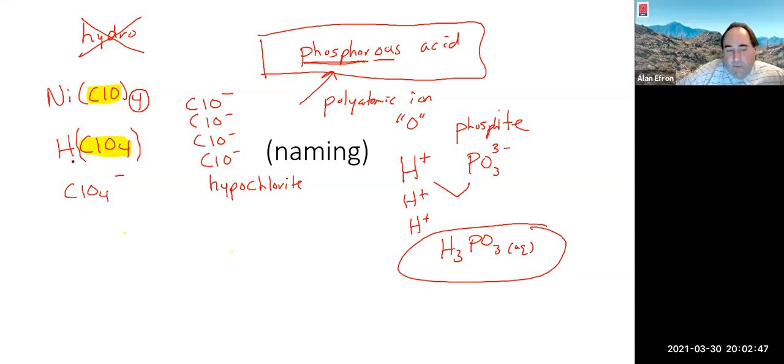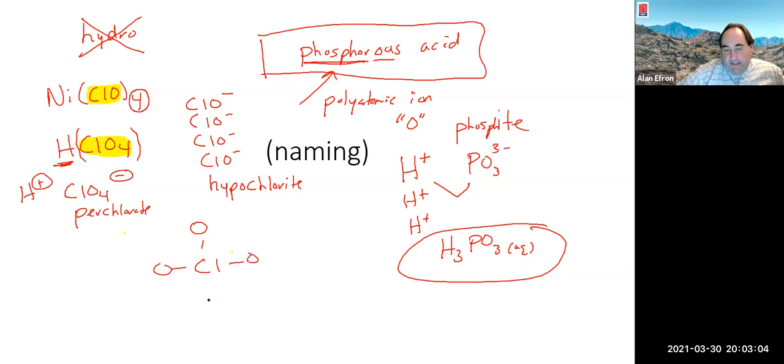And that's why there's only 1 hydrogen here, because it's basically +1 and -1. And the name of this guy is perchlorate. So there is actually a difference between those two. For example, the perchlorate is this. The hypochlorite is like this in terms of how it's bonded, basically. So that's the difference between those two.